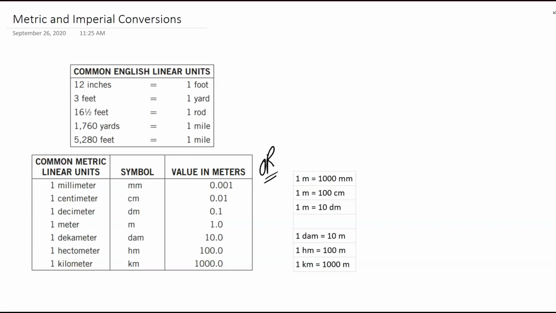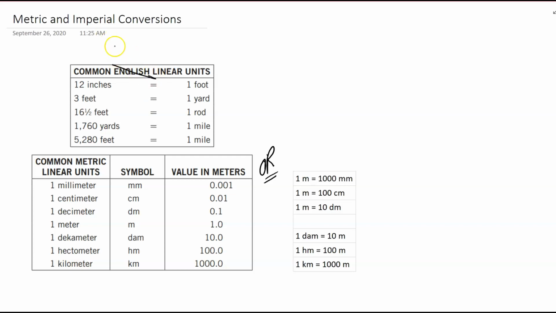Before we do that, it's always important to know that you have to have a relationship between the two units involved that you are converting from and to. And so here are some common ones in the imperial. This is English. I haven't usually heard it in that term.